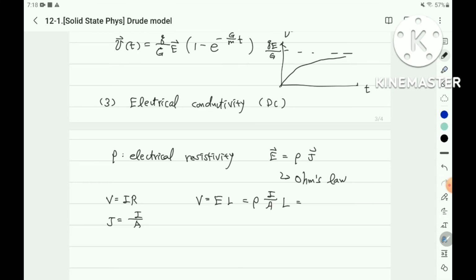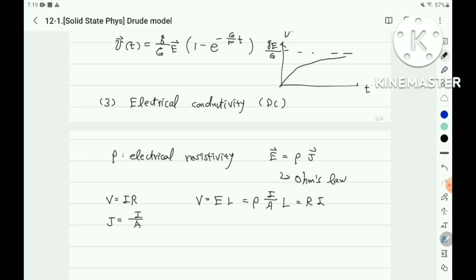Then here, rho L over A is the resistance, in I. Here it is identical to Ohm's law.